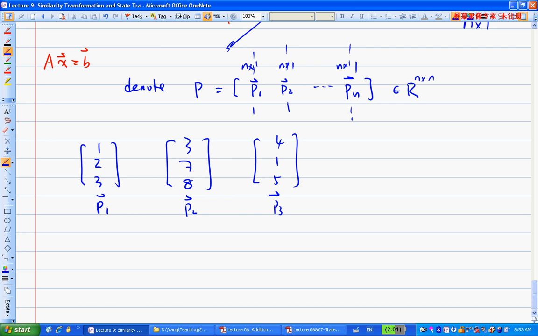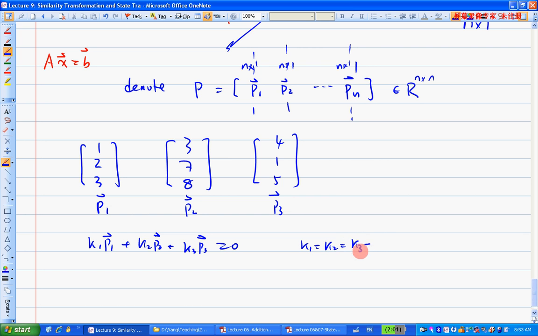Can you find a scalar relationship or any connection between the three columns? Basically, you can't. In other words, if you set K1 P1 plus K2 P2 plus K3 P3 equal to 0, the only solution is all K equal to 0.